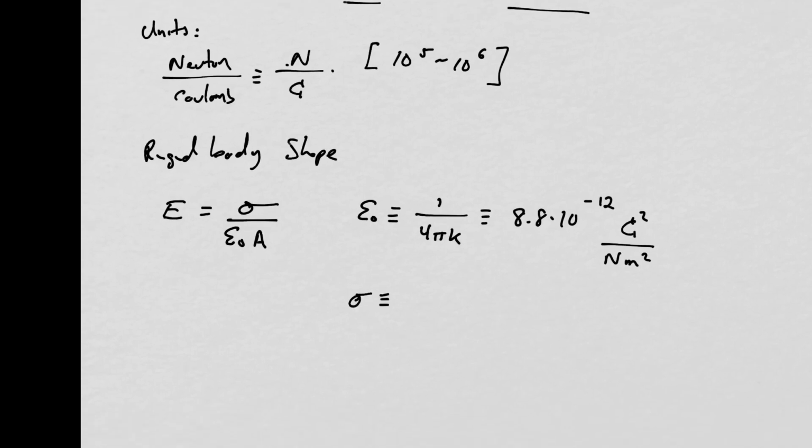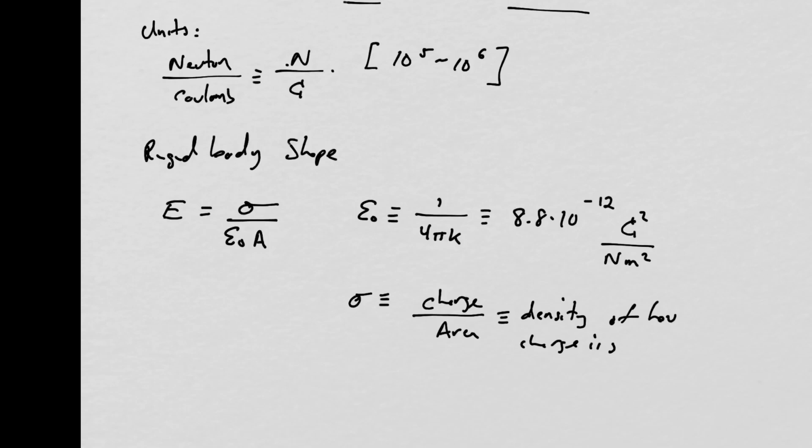Sigma, right, since this is now a rigid body, sigma is a charge per area, right? Namely, it's a density, if you will, of how the charge is spread over the body.